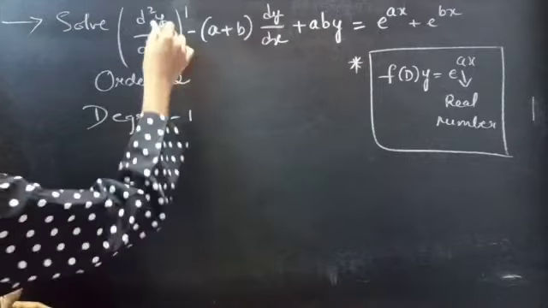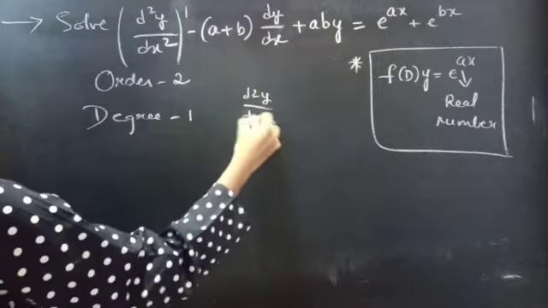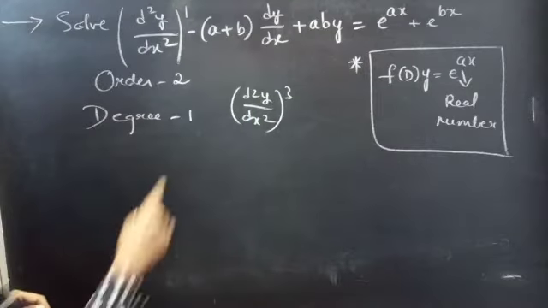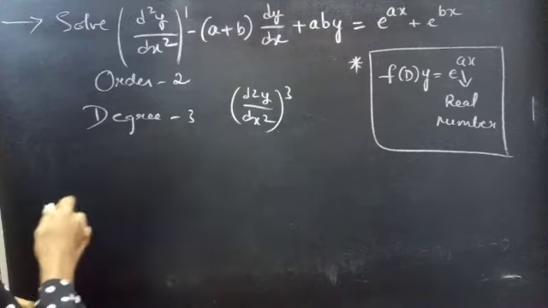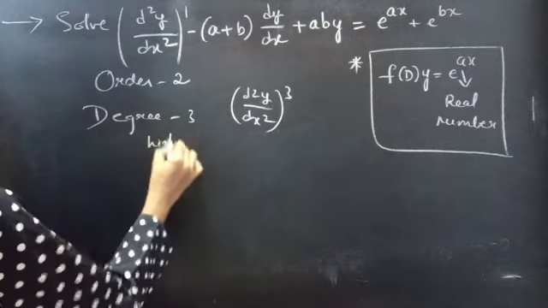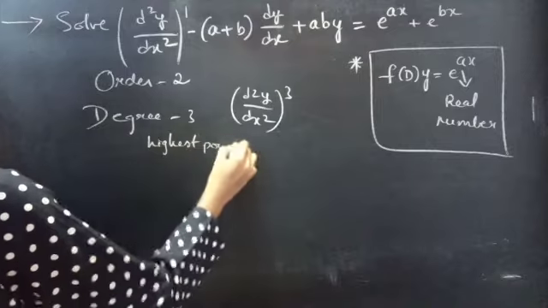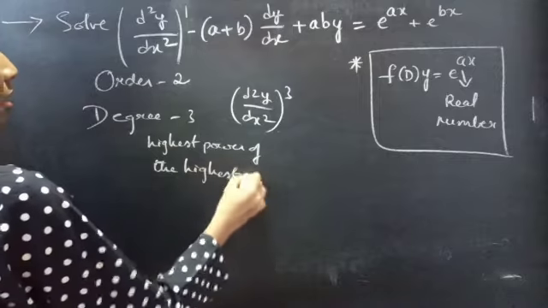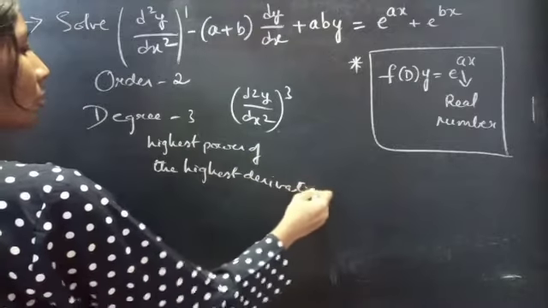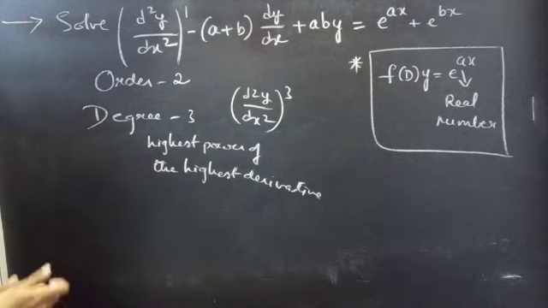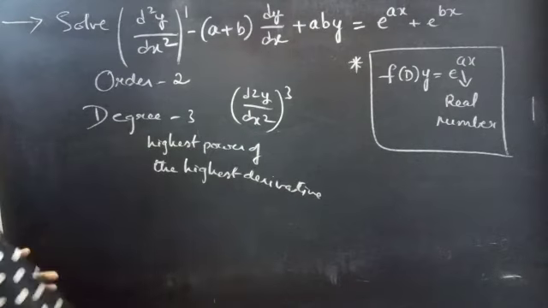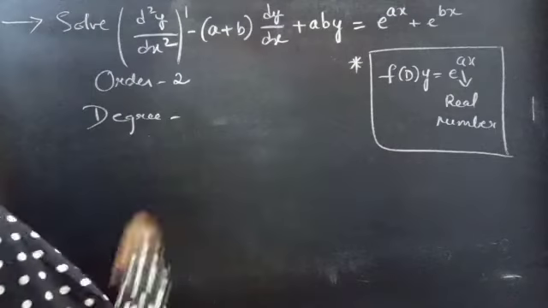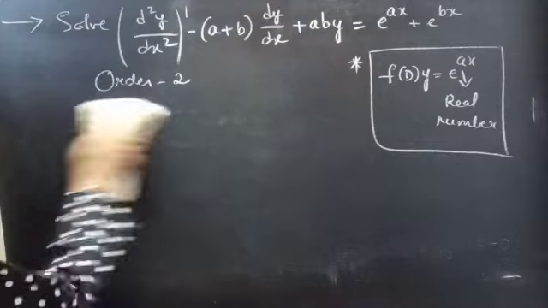If you have d square y by dx square with whole power cube, then our degree will be 3. But we have degree 1 in this problem.